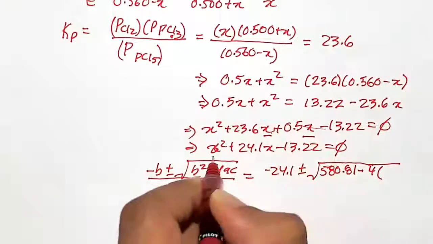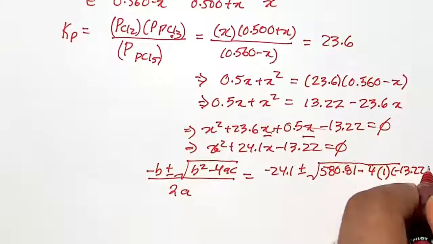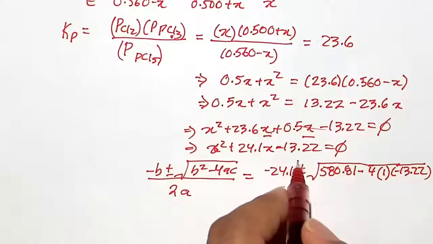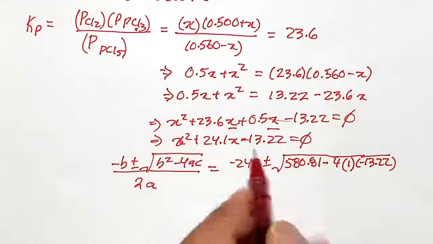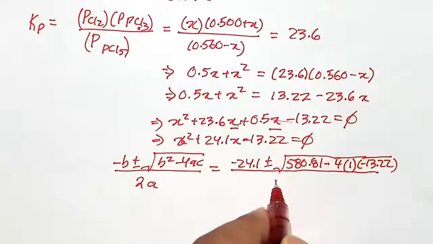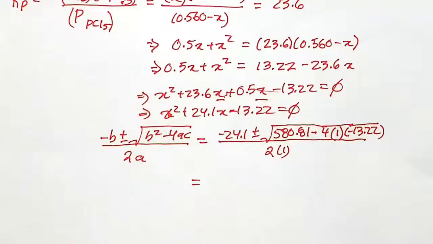Then 4ac: my a value is 1, and my c value is minus 13.22. Don't forget that c is not 13.22, it is minus 13.22, so you need to include the minus sign. All of that is divided by 2a, and my a term is 1. Now I will calculate the discriminant, the term underneath the square root.